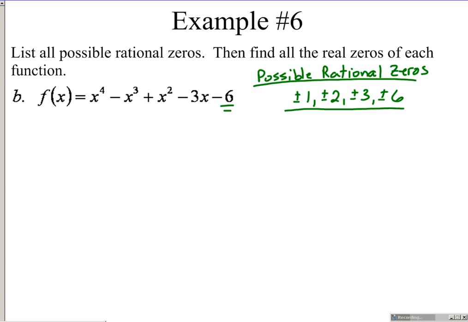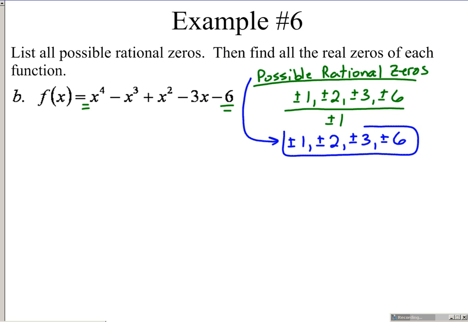There's all the factors of our constant, divided by all of our lead coefficient, which are just plus or minus 1. If I divide all those out, our total list then just becomes what's in the numerator there, plus or minus 1, 2, 3, and 6. There's our possible rational zeros.